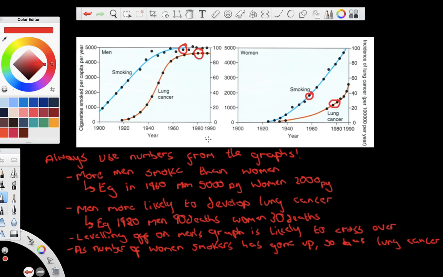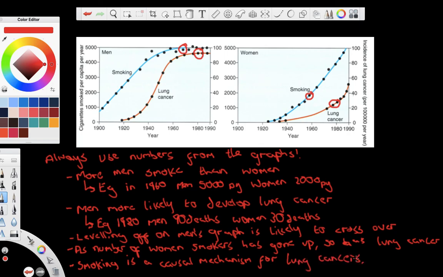It certainly shows that there is a link. Okay, it is a causal mechanism. So you should have added that smoking is a causal mechanism for lung cancer.